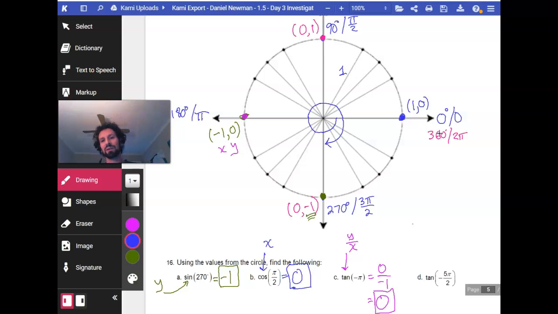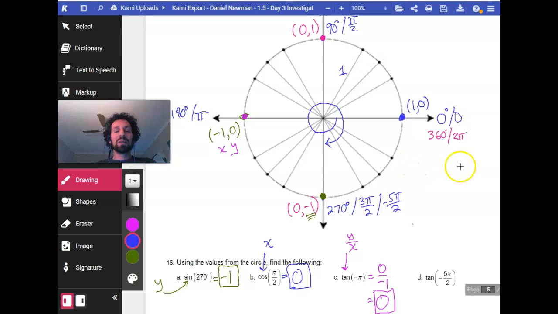So -5 pi over 2 is going to be corresponding with this angle right here, +3 pi over 2. I'll just write -5 pi over 2 to remind us that that's the same angle.